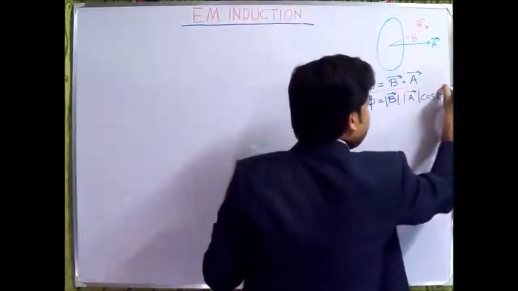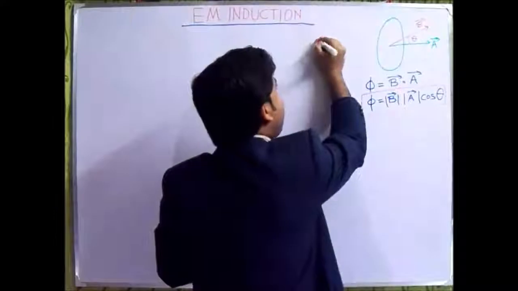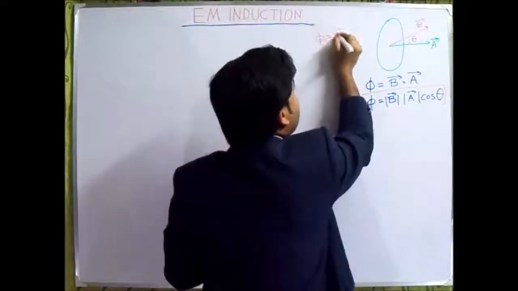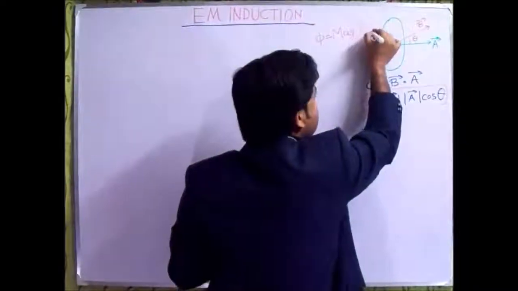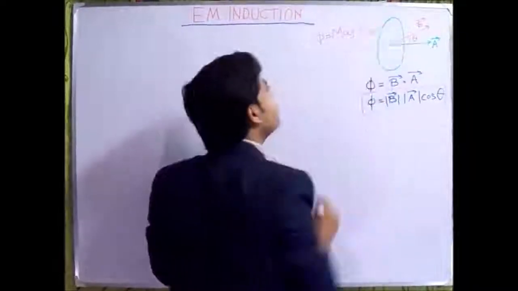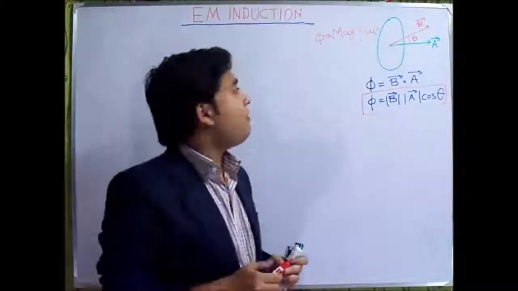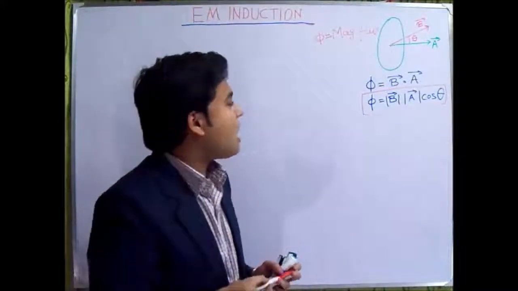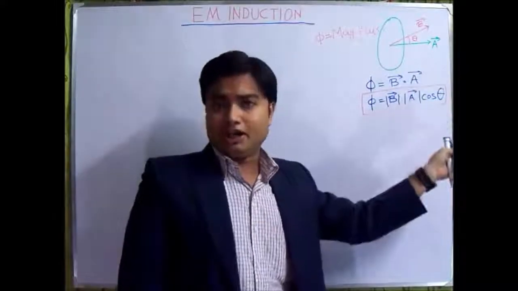So this is the expression for the magnetic flux, where phi is the magnetic flux: phi equals BA cos theta.